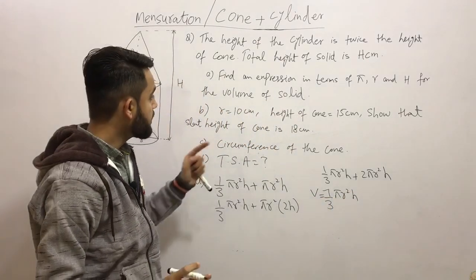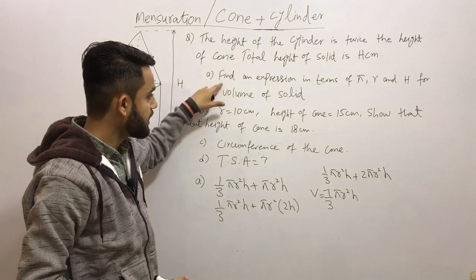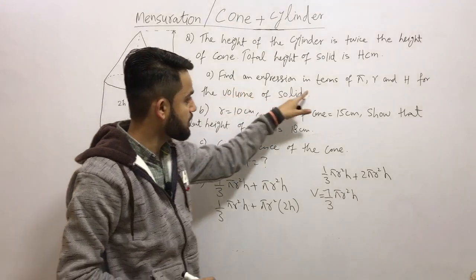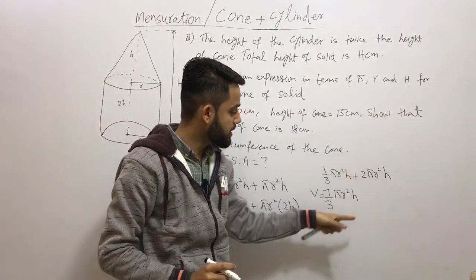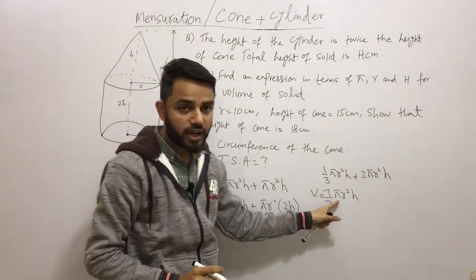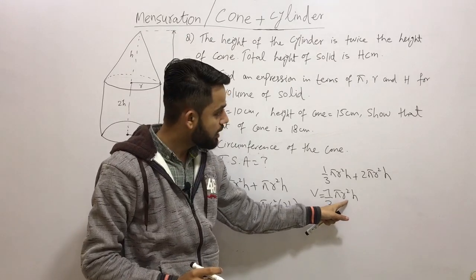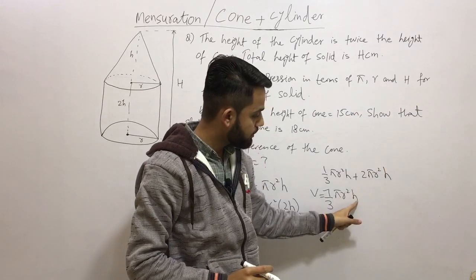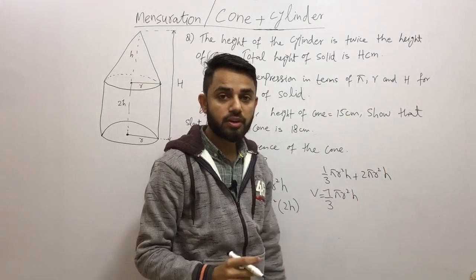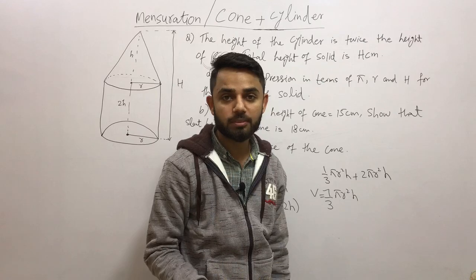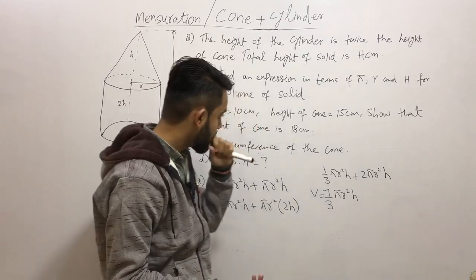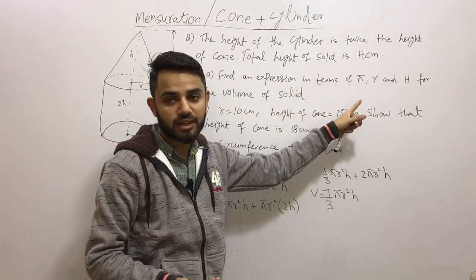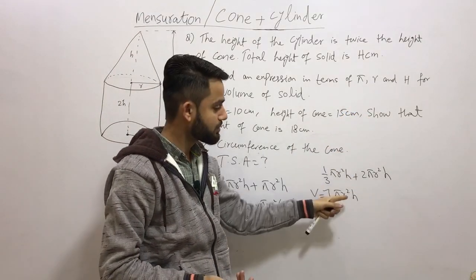Now read expression A again: find an expression in terms of pi, r and capital H for the volume of the solid. We have pi and r, but the question talks about the capital H, while here we have the small h. So we have to remove the small h so that we get the capital H.